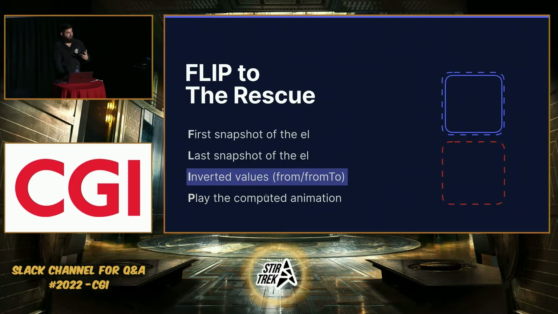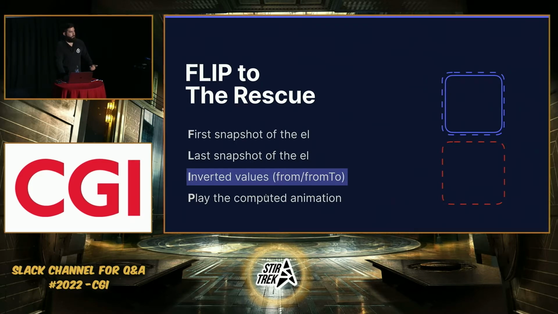Now with this, we essentially have everything we need to perform an animation. We want to create the illusion that our element always animated. But really what we're doing is saying, here's the ending position, here's the starting position, figure out the difference, subtraction essentially, from those two positions, and we're going to create a web animation with that.